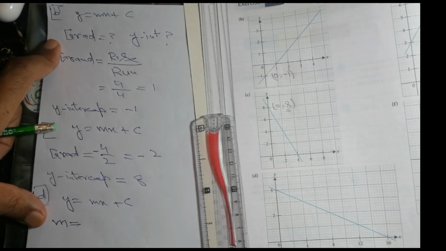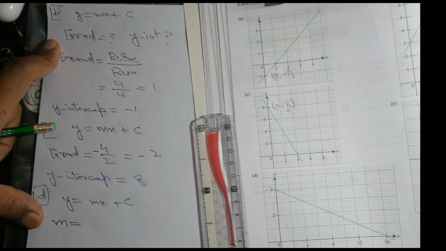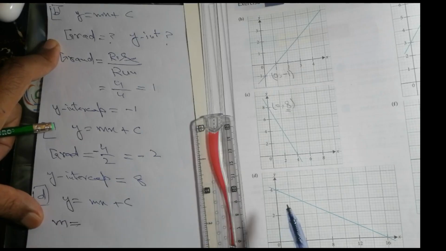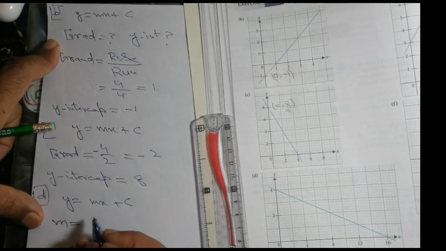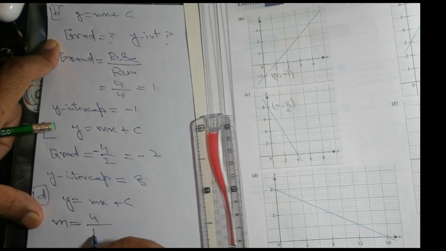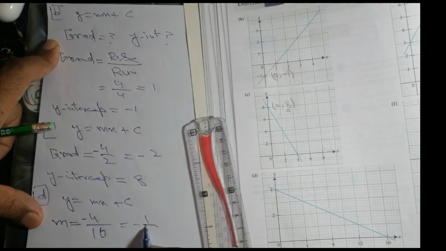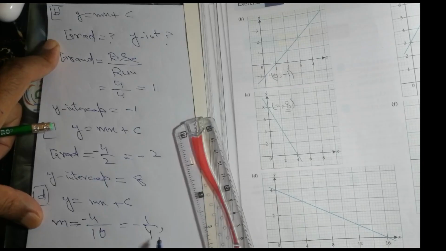So whatever unit is mentioned on the graph, we will use that unit, not the original one. So here this is 4 over 16, and because the direction is downward we will write negative, so -1 by 4 is gradient.